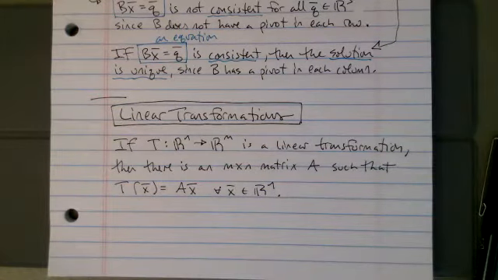If you have a linear transformation, then there is a matrix that implements the map.